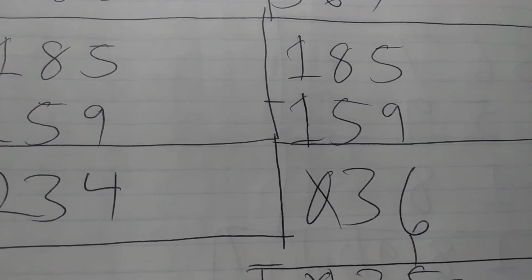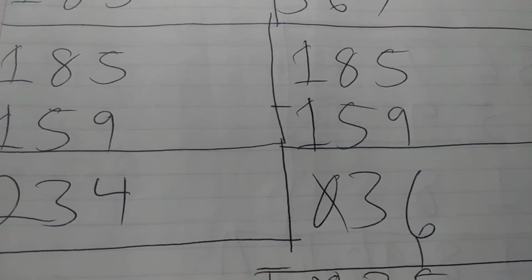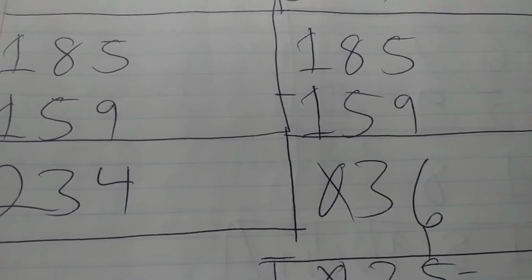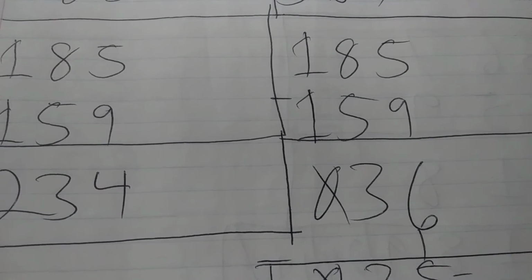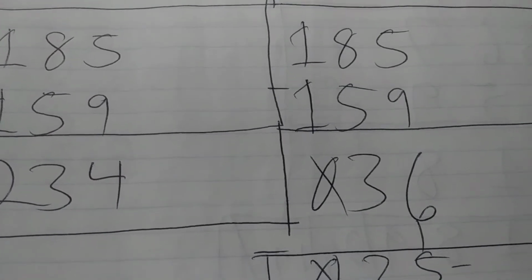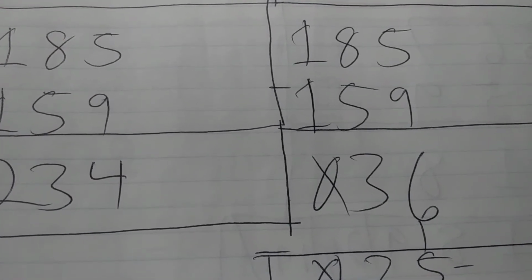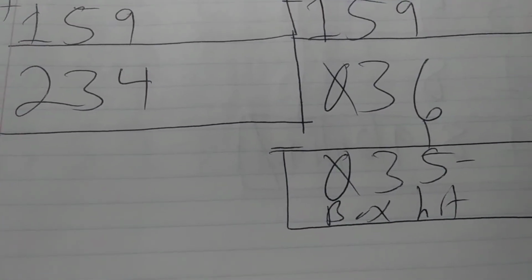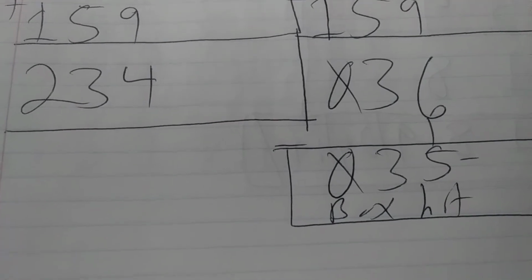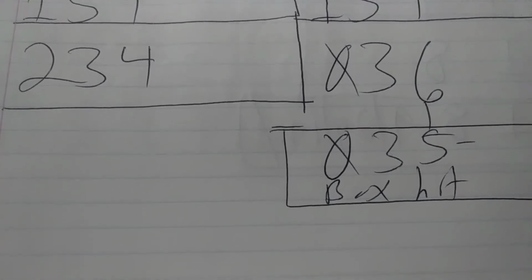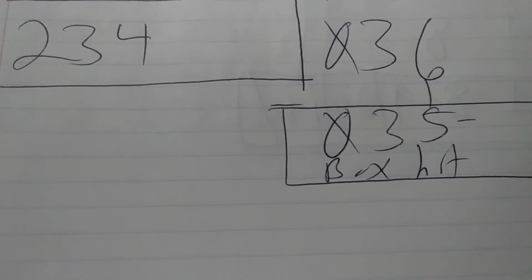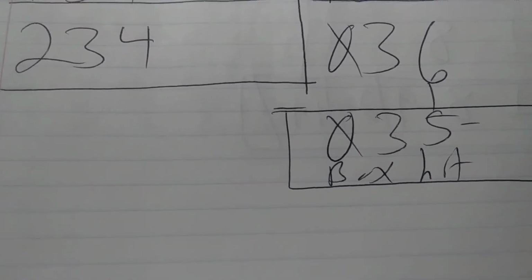Over here, you're minusing 159. 1 minus 1 is 0. 8 minus 5 is 3. 15 minus 9 is 6. 036, you minus off the 1 from the 6. 6 minus 1 is 5, and then bring down 03. 035 did hit.